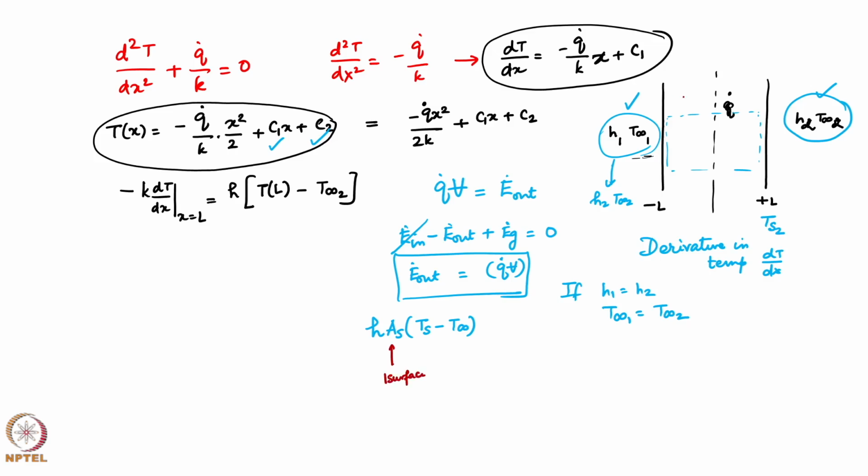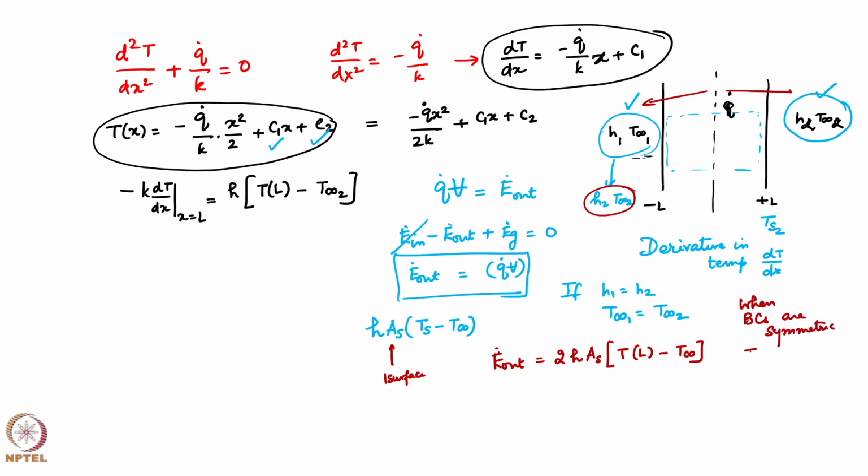I need two surfaces, heat transfer going this way as well as this way. So, E dot out would be 2 into h, both sides h is the same, into surface area into T of L minus T infinity. It could be T of minus L or T of L, does not matter, because when the boundary conditions are symmetric, the temperature profile or temperature distribution will be symmetric.